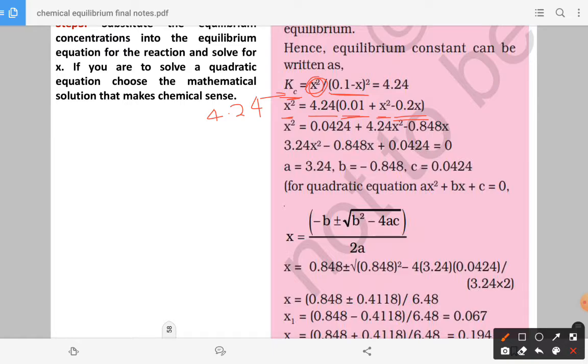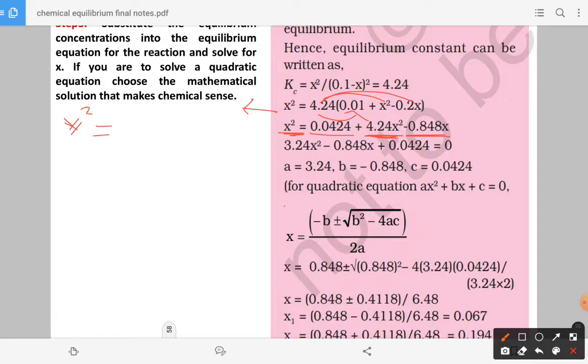Now if you go for the simplification, we have x square equal to, multiplying both, 0.0424. Then, multiplying again, we get 4.24 x square, and 4.24 into 0.2x gives 0.848x. Here we have the same x square terms on both sides.